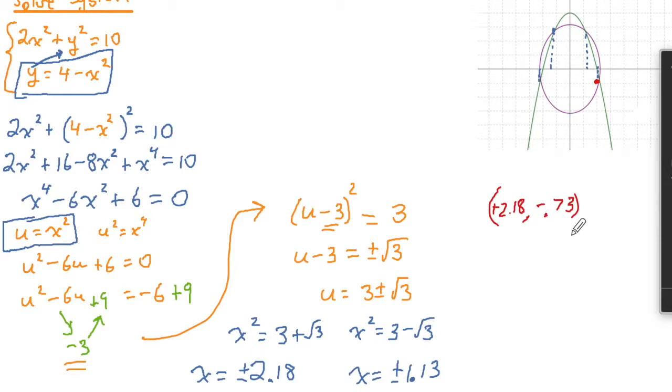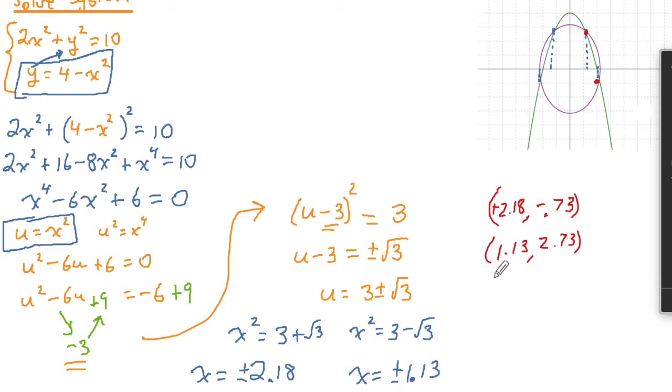If I put in the 3 minus the square root of 3, this guy, which would be the 1.13, I'm looking for this coordinate, I would get 1.13 comma 2.73. So 1.13, 2.73. If I plug in the negative of this one, when I plug it in as a negative number into this x, it becomes positive.